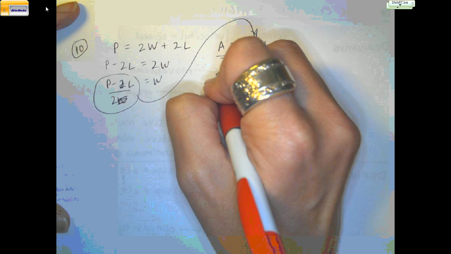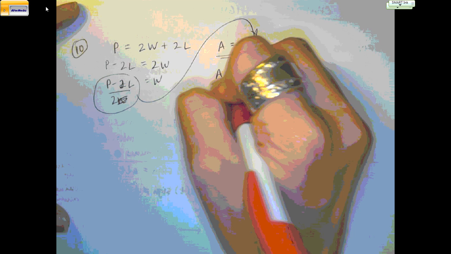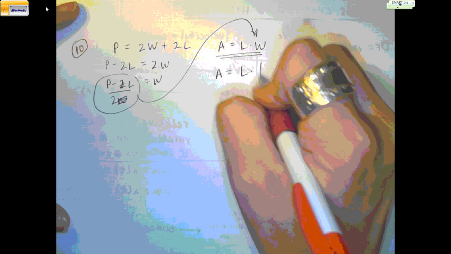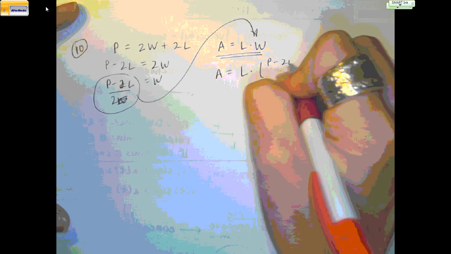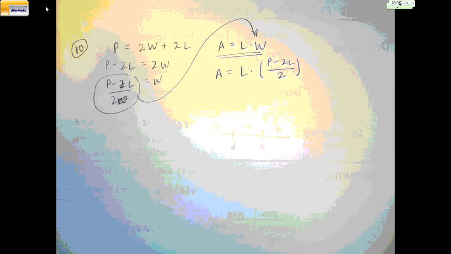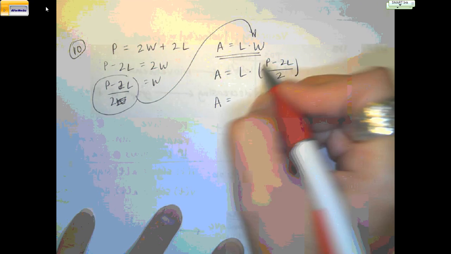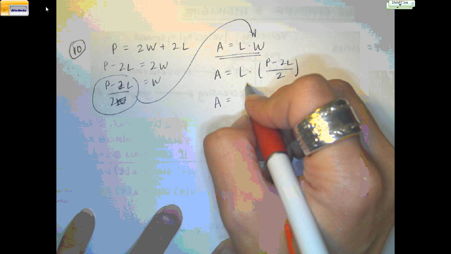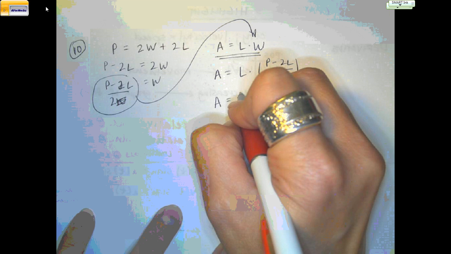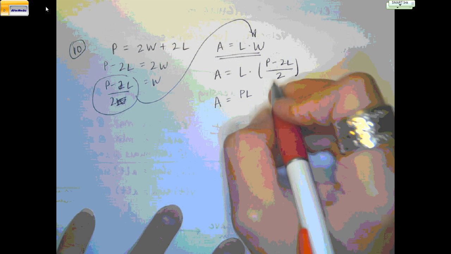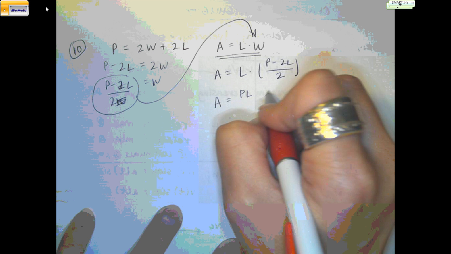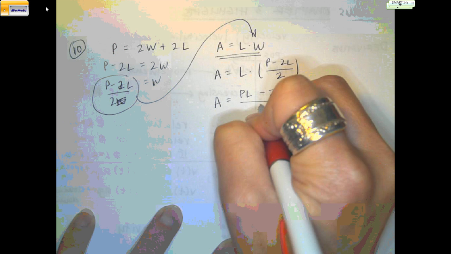So that I have area equals length times what we know W is, which is P minus 2L all divided by 2. I'm going to clean this up a little so that it's something I can derive. I'm going to have L times P. Actually, I'm going to put the P in the front because I know that's a constant. Minus 2L squared, and it's all over 2.